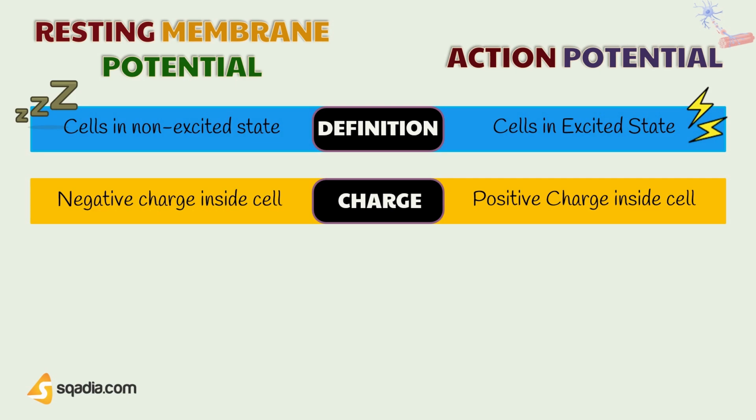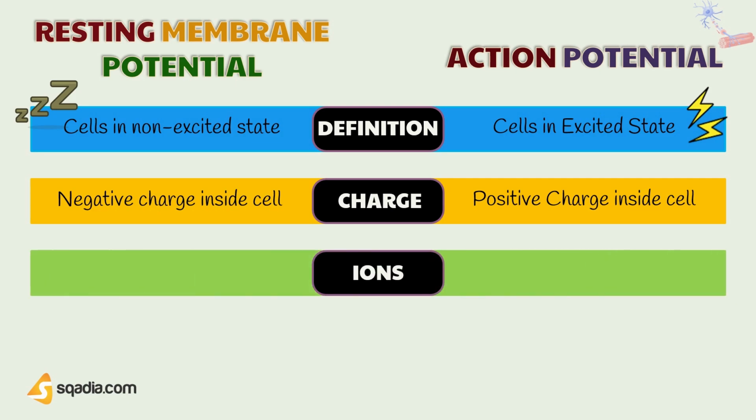Now, what are ions doing inside the action potential and resting membrane potential? Well, inside the cell, there will be more potassium ions and fewer sodium ions. As we said, the sodium-potassium pump was pulling all the sodium ions outside. So this means the potassium ions will be more inside the cell and less outside the cell. And in the action potential, the tables have turned.